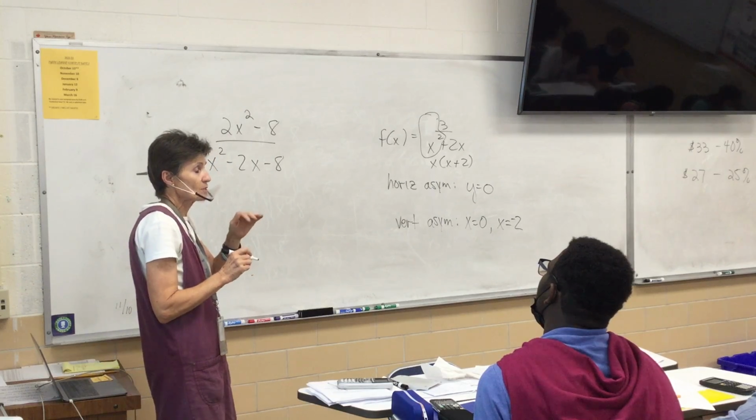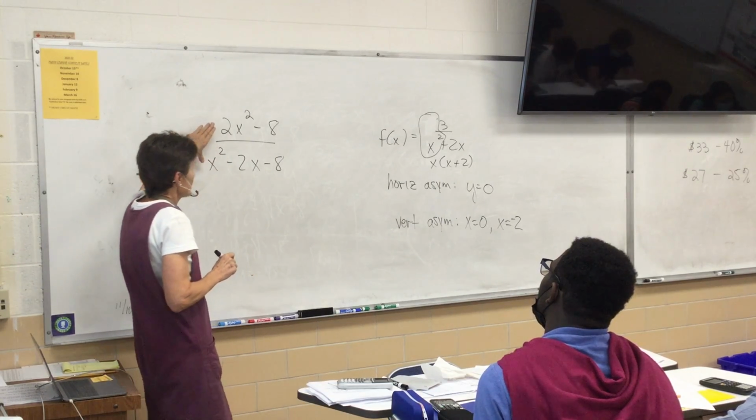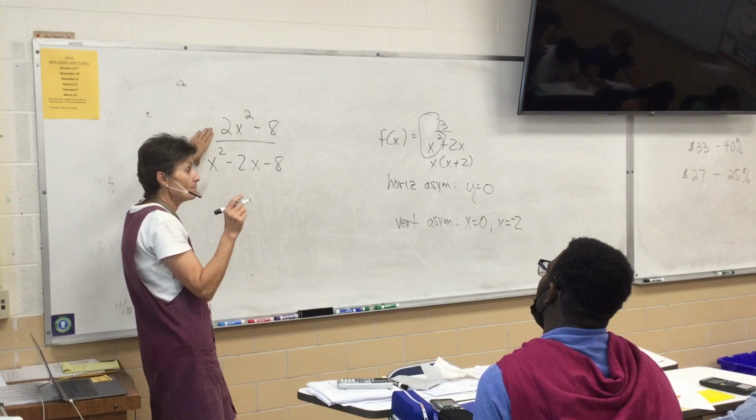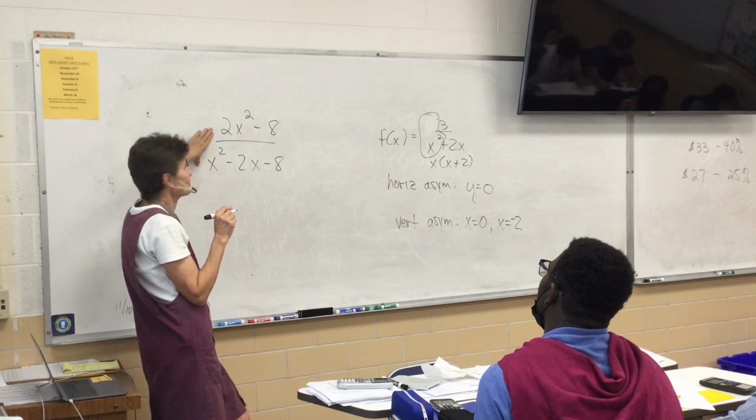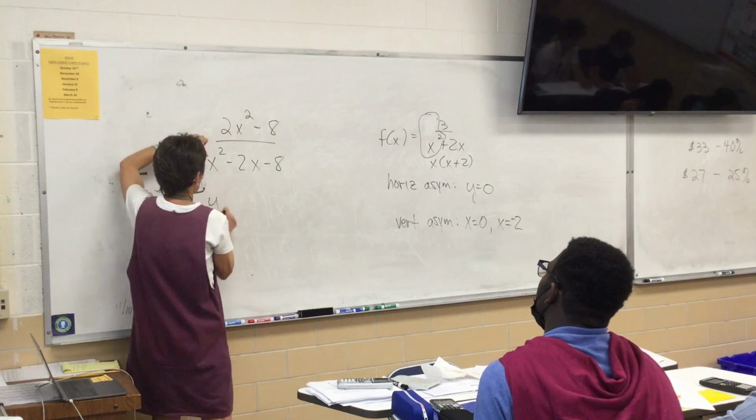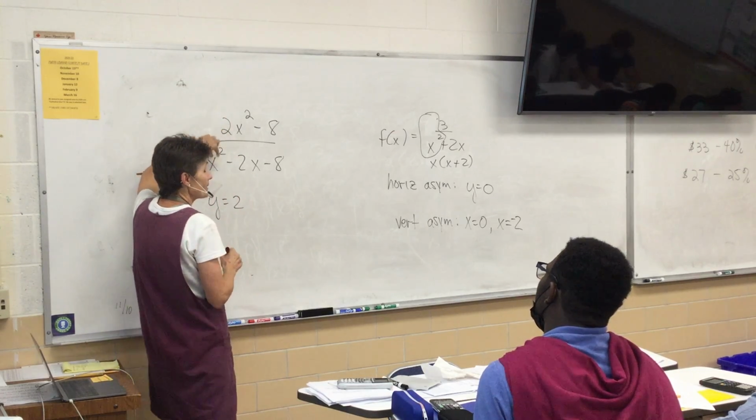Wait, we're gonna finish this problem. Now, take a look at it carefully. Certainly, where is the horizontal asymptote? At 2. Y equals 2 is my horizontal asymptote.